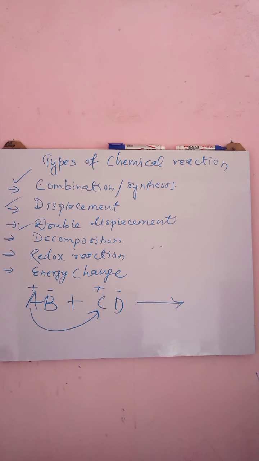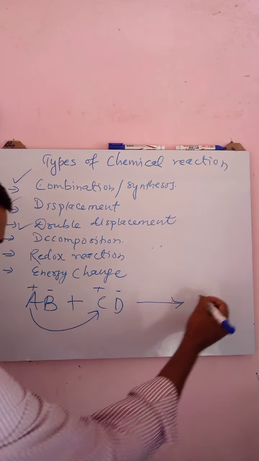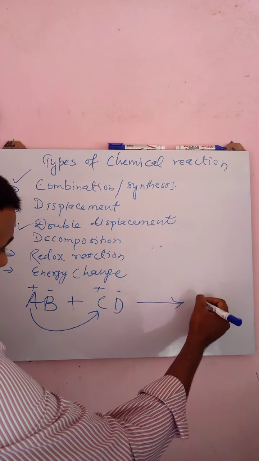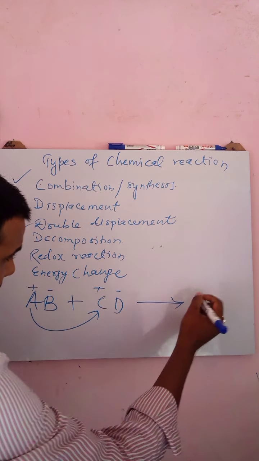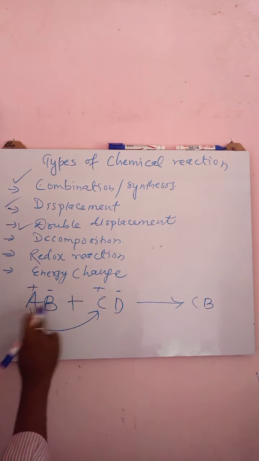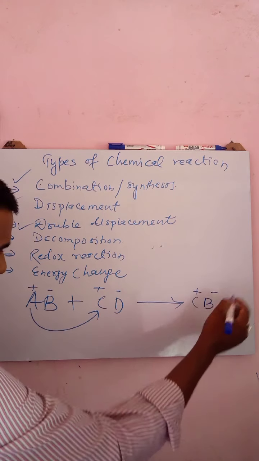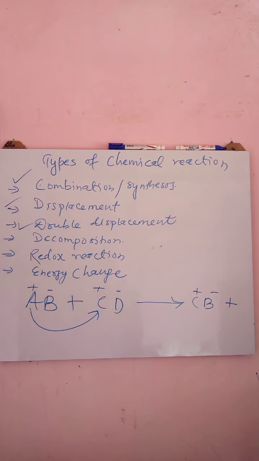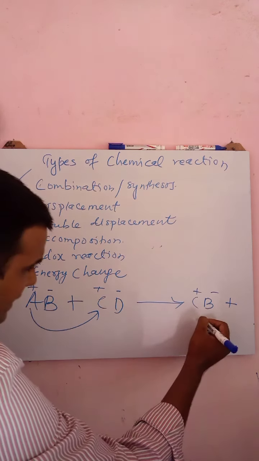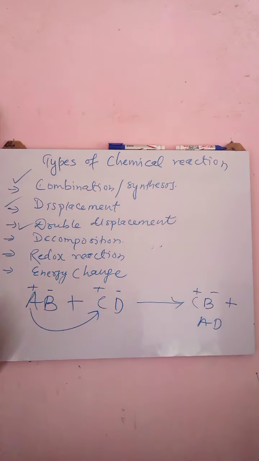So your product will be CB, because the positively charged species is written on the left hand side, and another will be AD. Such kind of reaction is known as double displacement reaction.